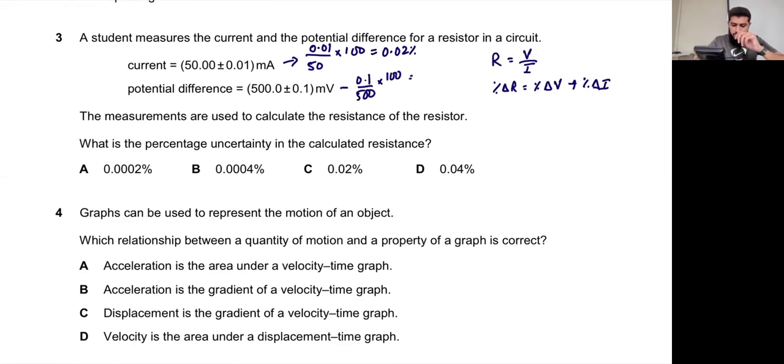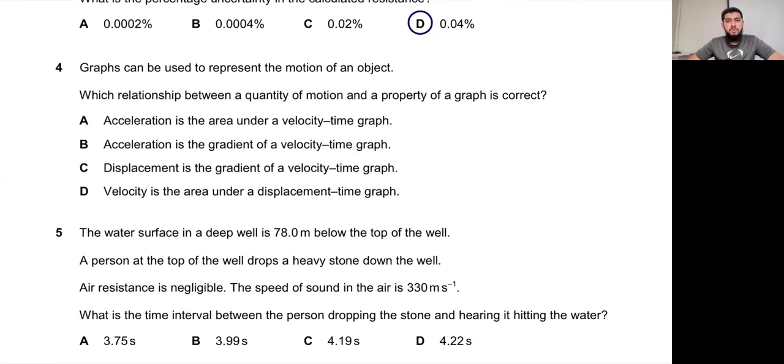So this also comes out to be 0.02%, which means 0.02% plus 0.02%, and that gives you 0.04%. The total percentage uncertainty, 0.04%. The answer is D.